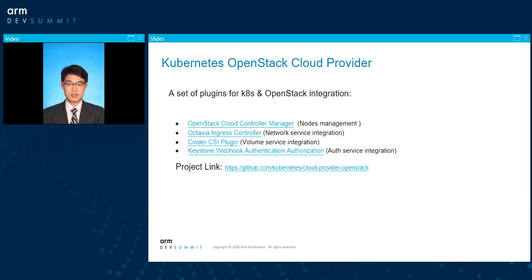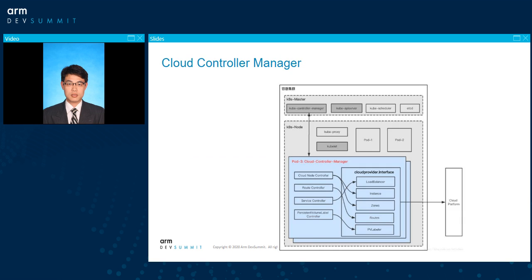So here are generally four components we call the controller that is running on the Kubernetes cluster. First is the Cloud Controller Manager. It is a key point here, and it is very important.